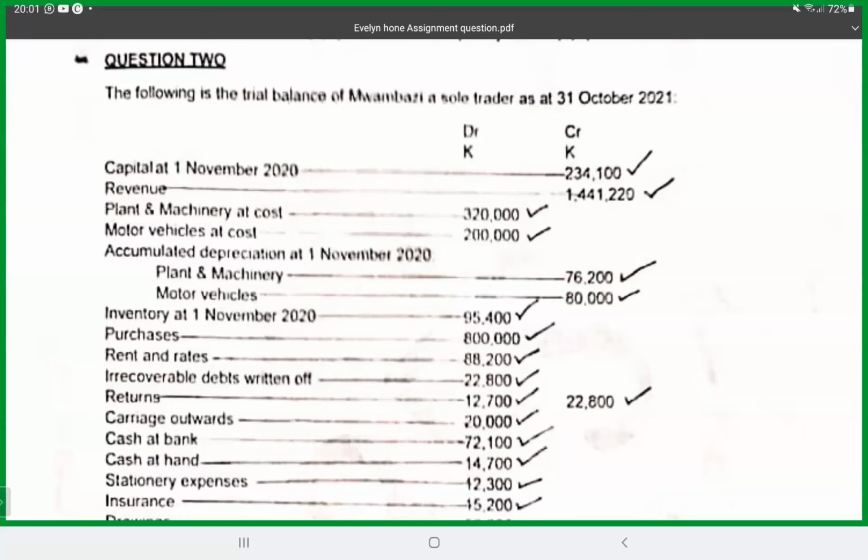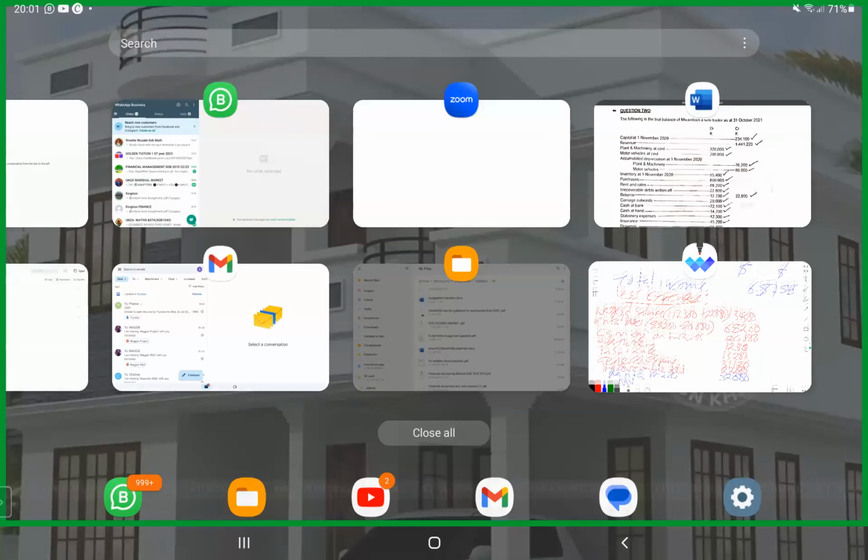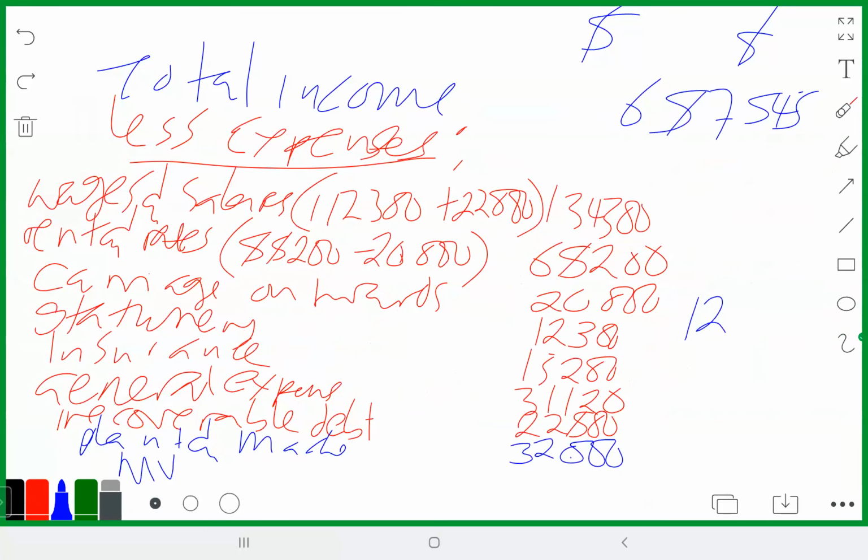The accumulated depreciation is given as 80,000. So you say 200,000 minus 80,000. That is the net book value. Is that clear? What is the net book value? 120,000.